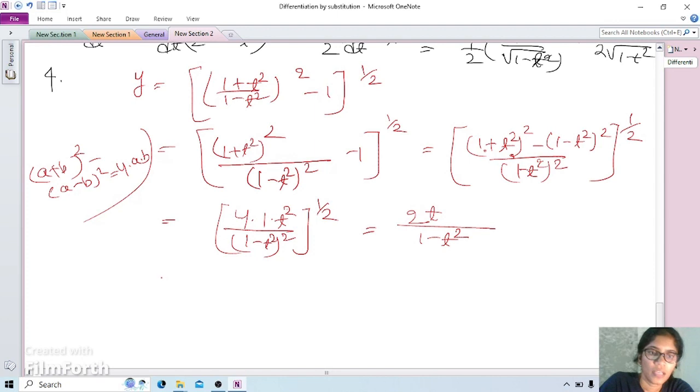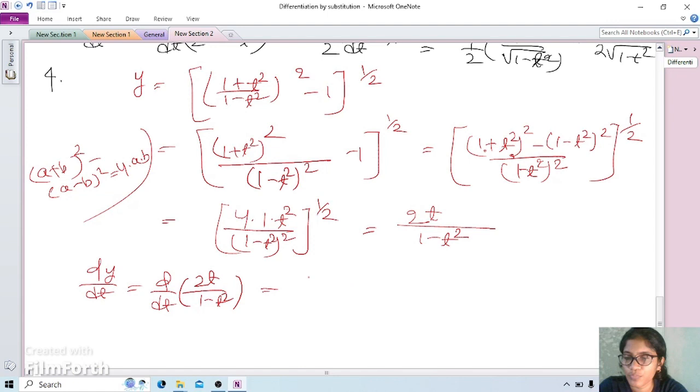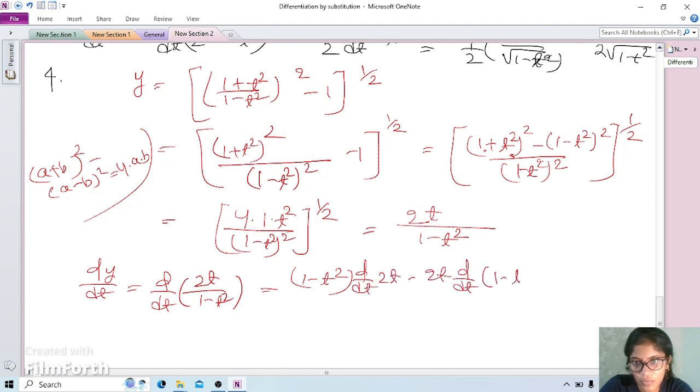Now dy by dx is equal to d by dx of tan inverse root x plus d by dx of tan inverse root a. The derivative of tan inverse x is 1 by 1 plus x square; in place of x there is root of x, so 1 by 1 plus x into, since it is not equal to x, we again take the derivative of root x, which is 1 by 2 root x.